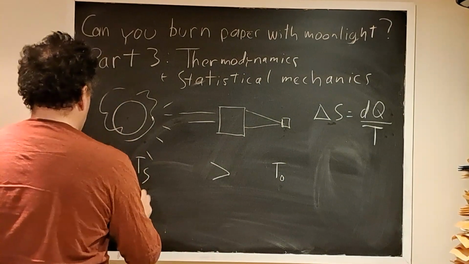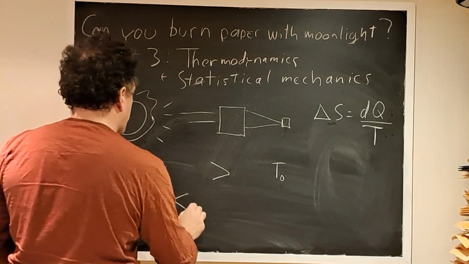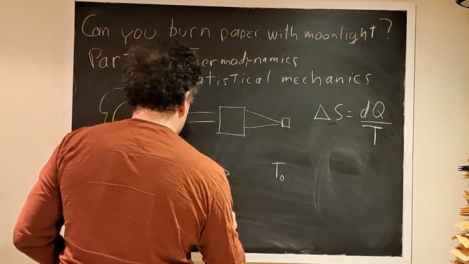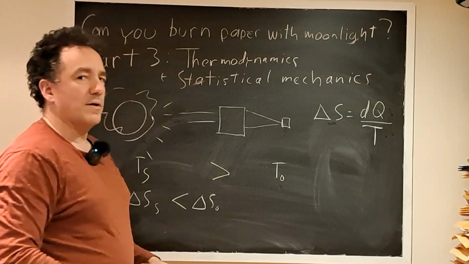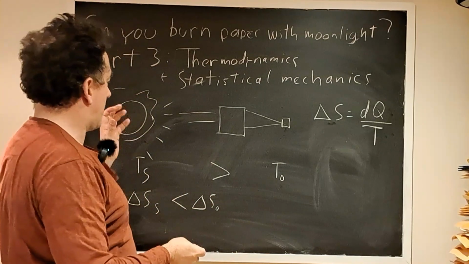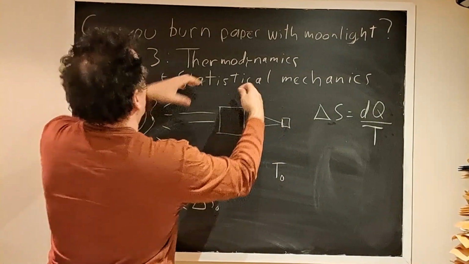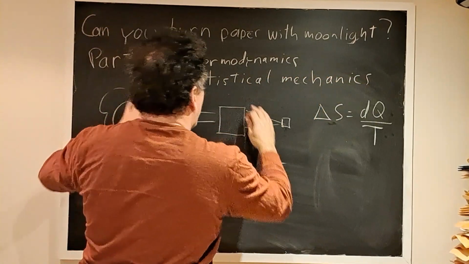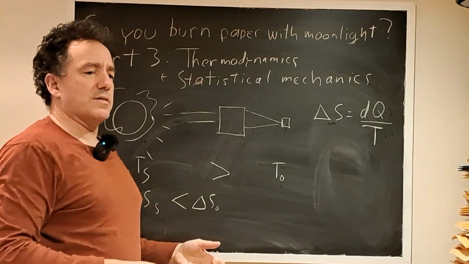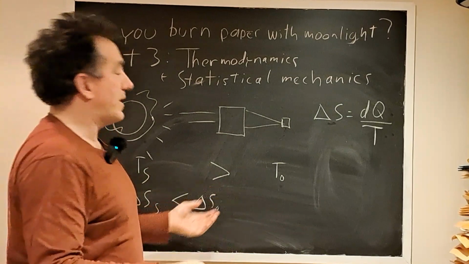So delta S at the surface of the sun is smaller than delta S at the surface of the object. And as we all know, the second law of thermodynamics states that the entropy of a system, here sun plus the object plus everything that's around here, the entropy of a process cannot decrease, and so everything is fine.